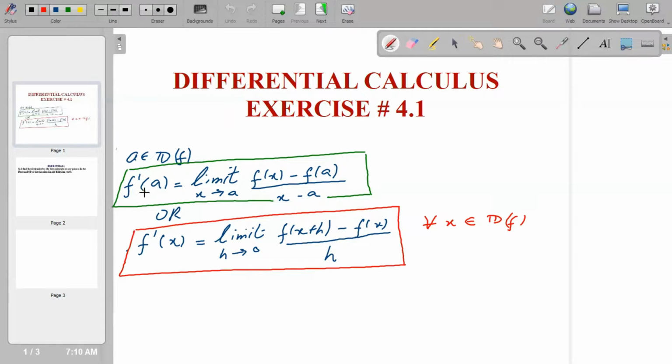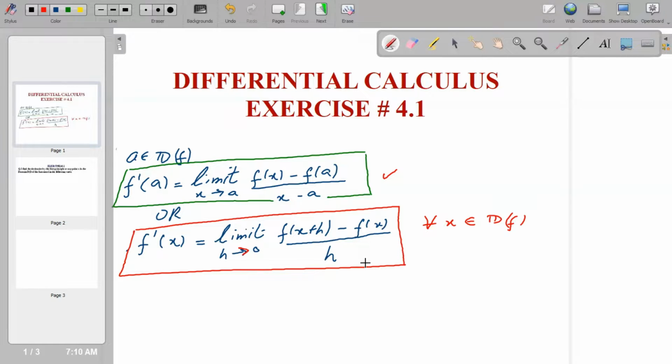Now f prime of A is the derivative of f of x at point A, equal to the limit as x approaches A of f of x minus f of A divided by x minus A. This is the first formula which we are going to use, and it has another representation: f prime of x is equal to the limit as h approaches 0 of f of x plus h minus f of x divided by h.